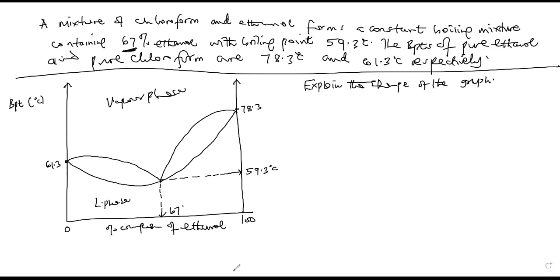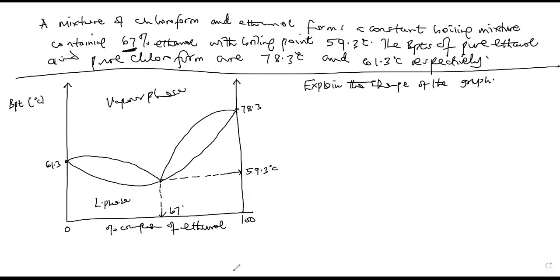In other words, the total vapor pressure becomes higher than predicted. So the solution has a minimum boiling point and a maximum vapor pressure. I beg your pardon.